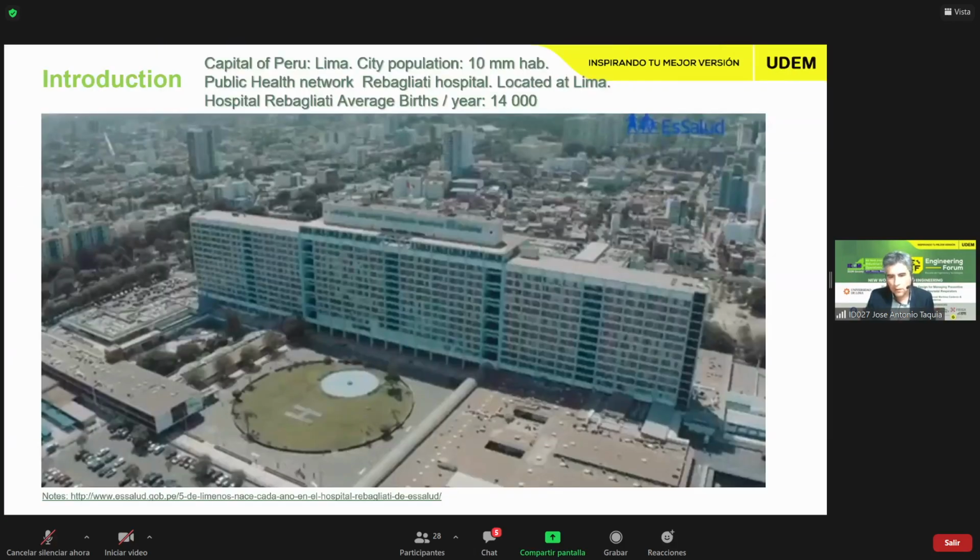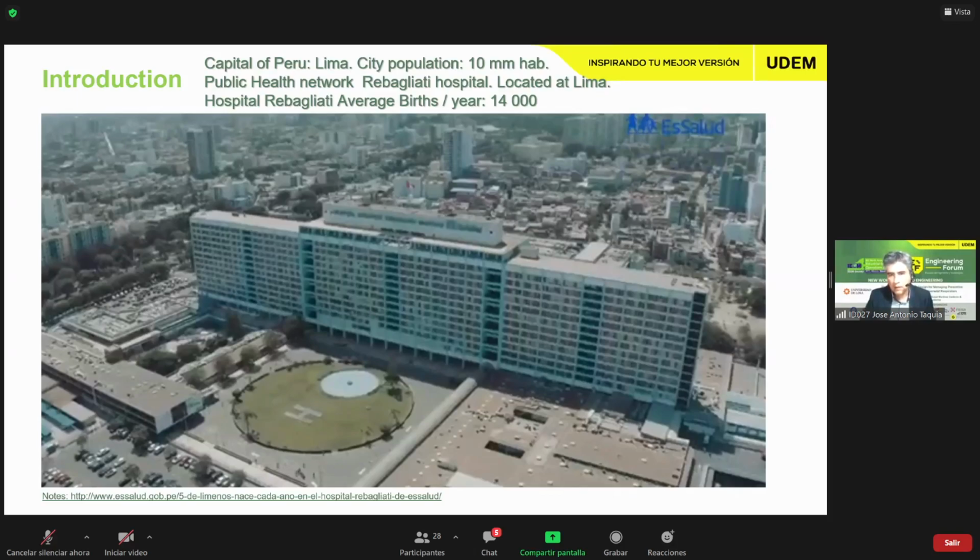To put you in context, we are in Lima, Peru. We are in the capital of the country. It is a city of around 10 million people. We are focusing on the public health network, where this hospital, named Rebagliati Hospital, is one of the main health facilities here.